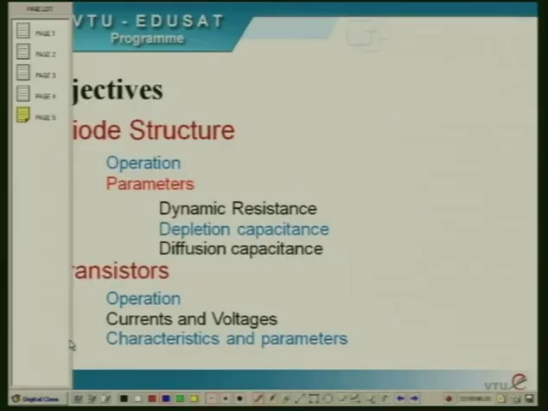The objective of this course is diode structures and their operation, and then we are going to determine the parameters of a diode, dynamic resistance and capacitances, followed by transistor operations, currents and voltages, characteristics and parameters.